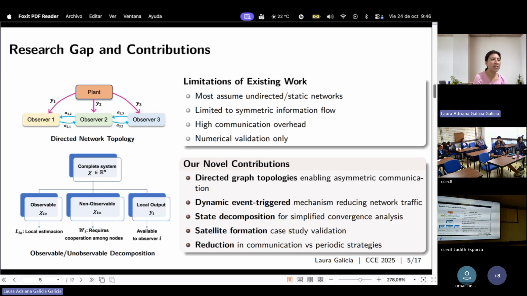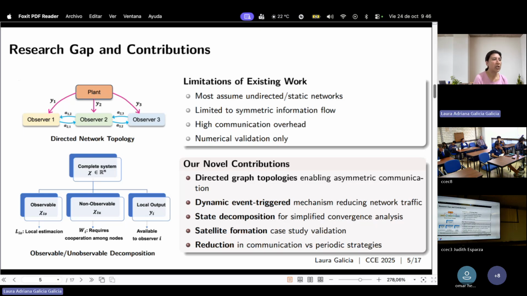They are often limited to symmetric information flow and suffer from high communication overhead due to continuous data exchange. Additionally, validation is typically limited to numerical simulation without practical case studies.